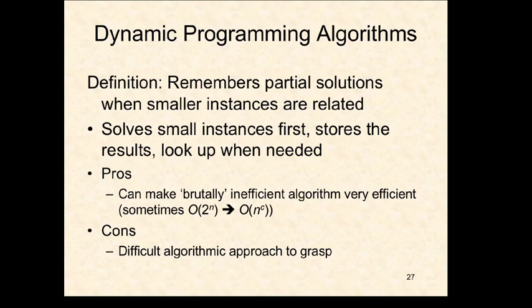So if I've already solved this subproblem and saved the result when I calculated it the first time, the next time I need to solve that same smaller subproblem, I say, hey, do I have it saved? If so, let's look it up instead of recalculating it. The upside to dynamic programming is that it can turn something that's exponential into polynomial complexity.